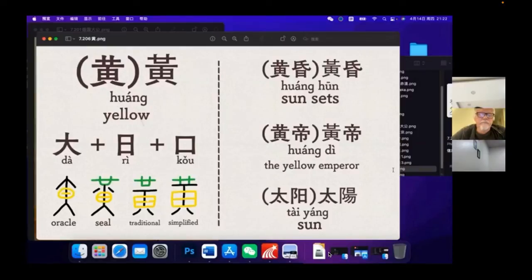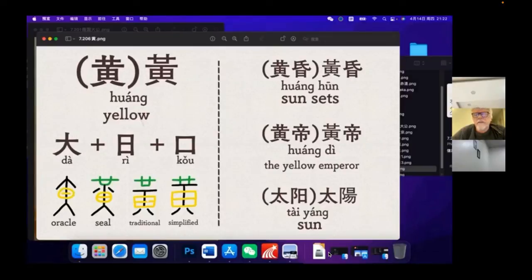So big light. So 我想黄色的黄就是一个大，就是代表一个人或是一个神，然后有个日，这个就是代表太阳，它的本意就是太阳。然后有另外一个字叫黄道。There's another ancient character the Chinese knew about, the ecliptic.